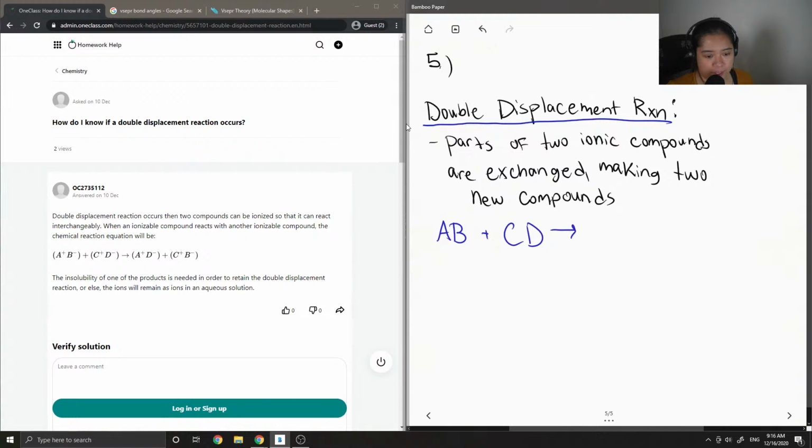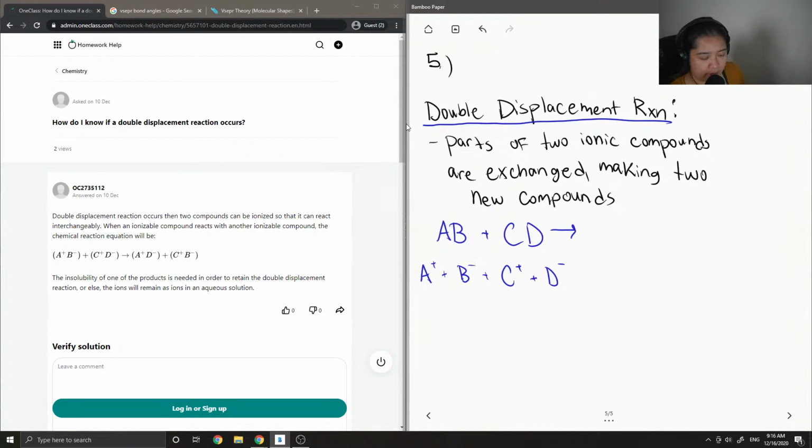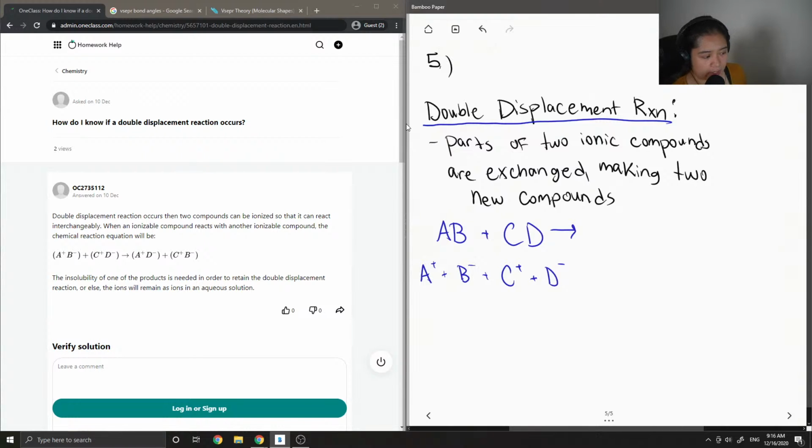In a double displacement reaction, if these were to be separated into their ions, so let's say they look like this. Then they would all just kind of switch partners.